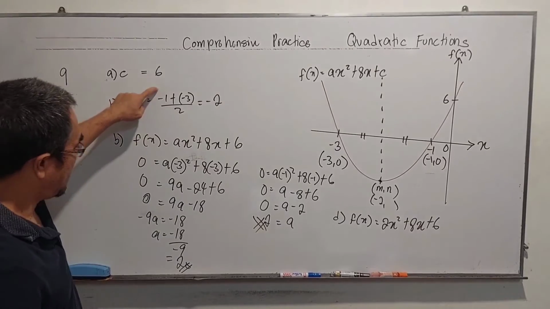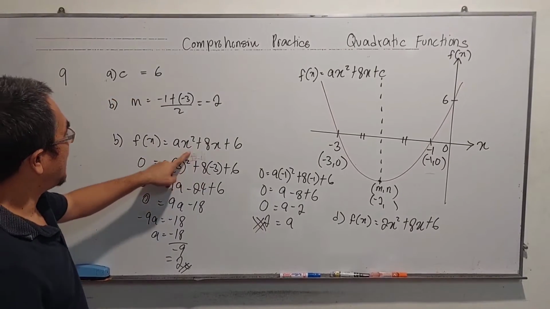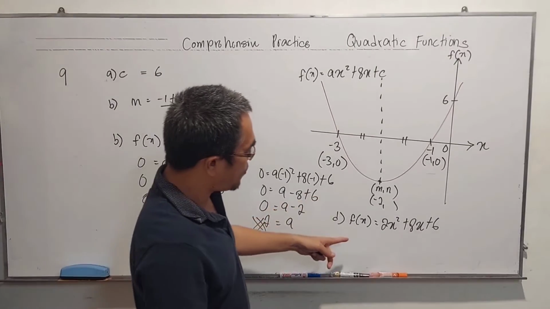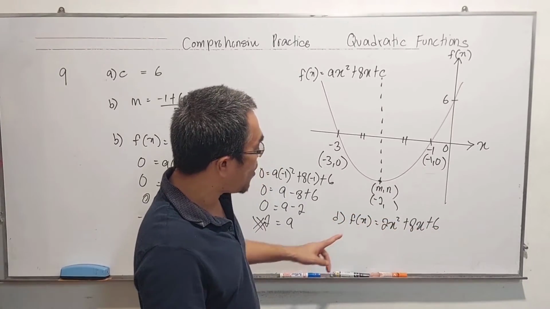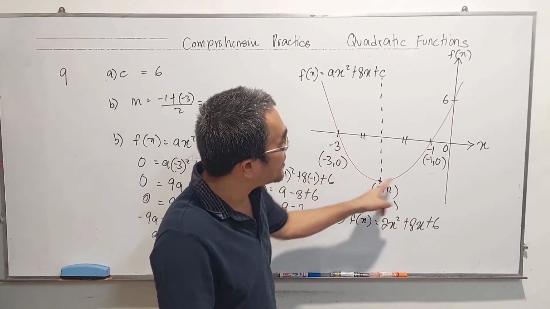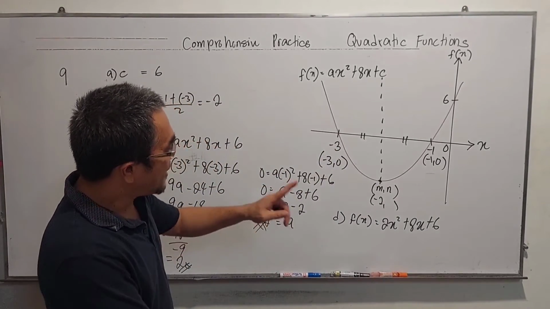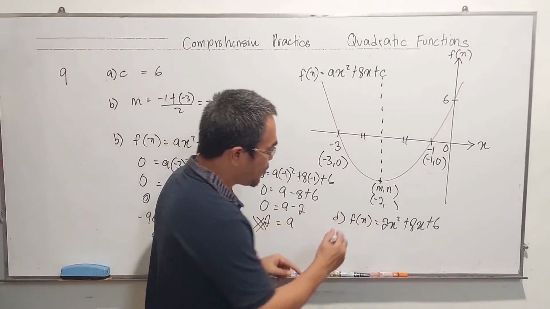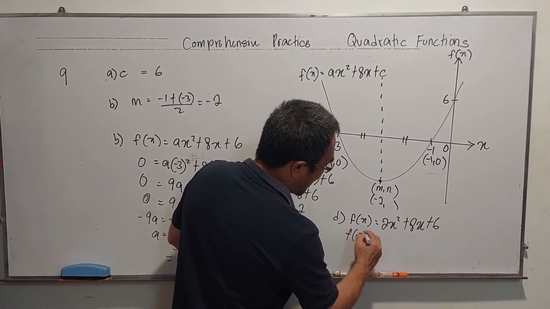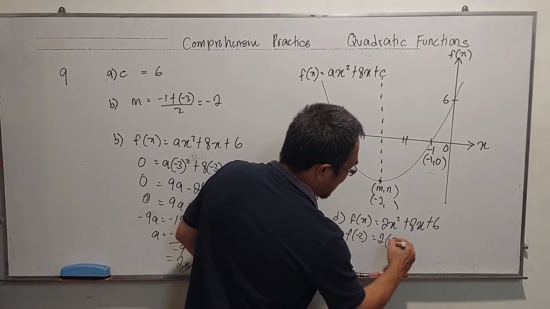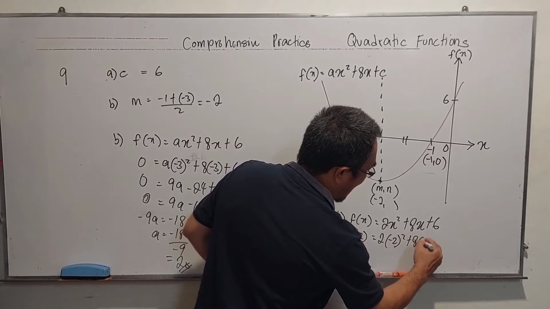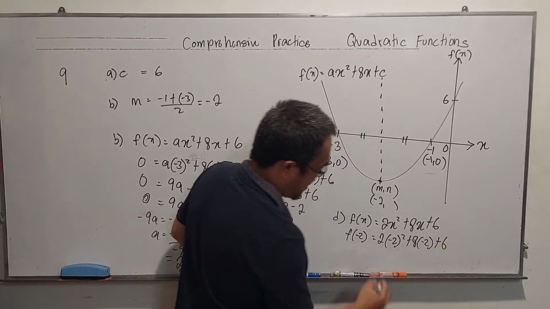Now you do not have any algebra that you do not know except x, because x is a variable, it keeps changing. In this case, x is -2, so we say f(-2) equals 2 times -2 squared plus 8 times -2 plus 6.